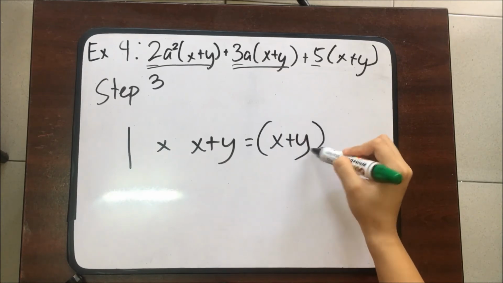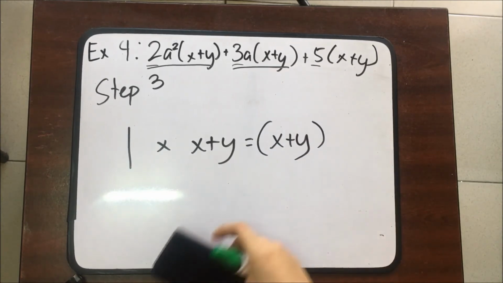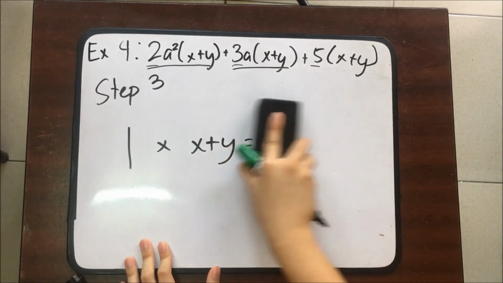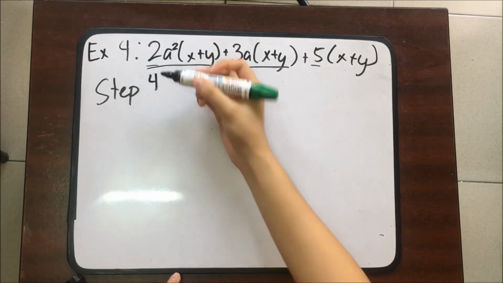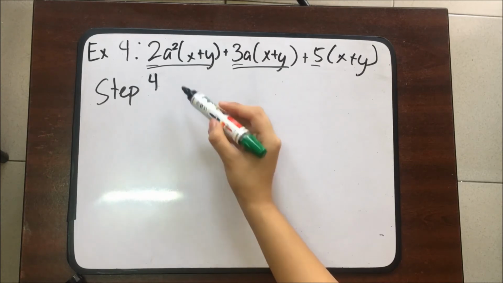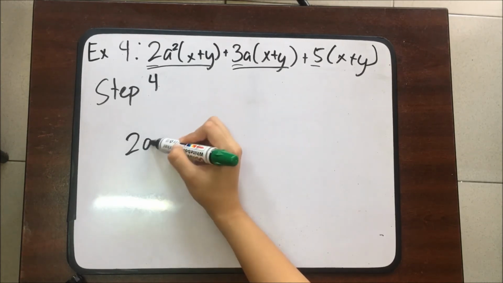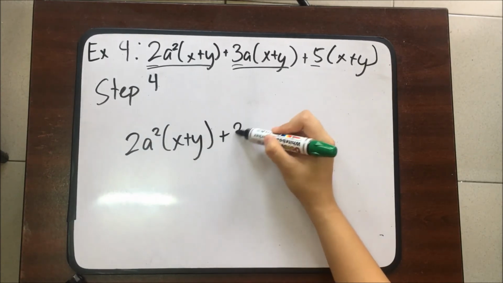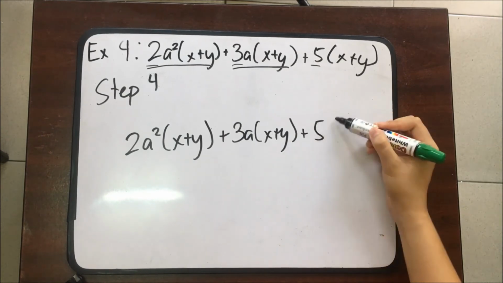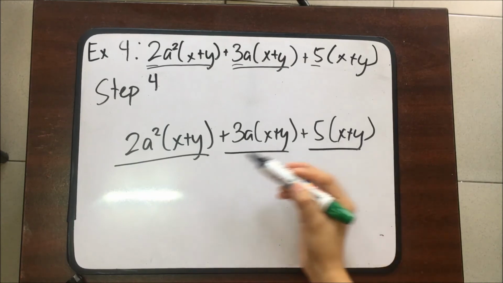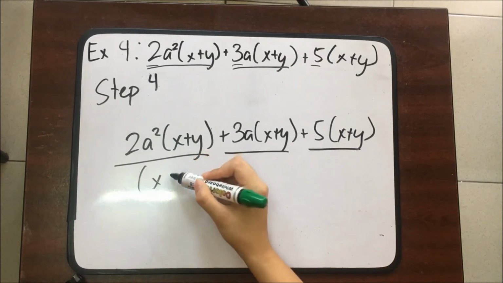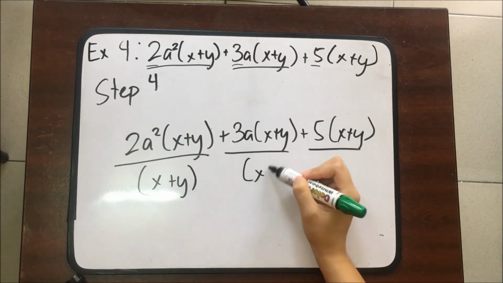Let's put quantity. Now for step number 4. Divide every term in the polynomial by the GCF. We will divide each term by the quantity x plus y.